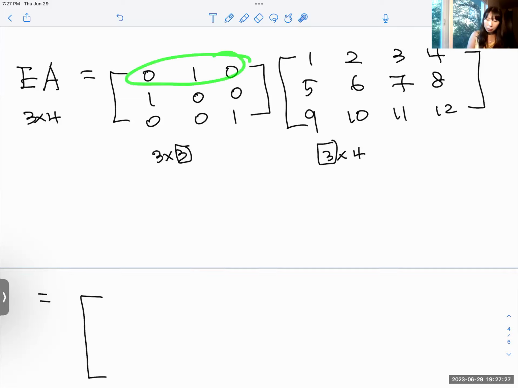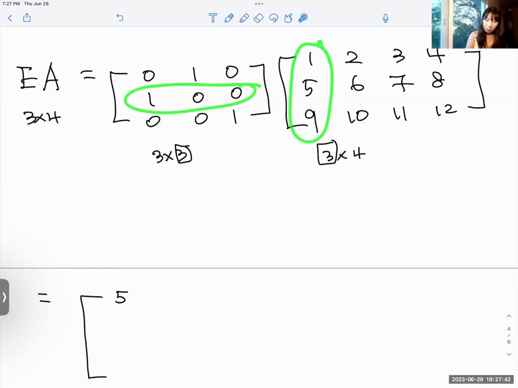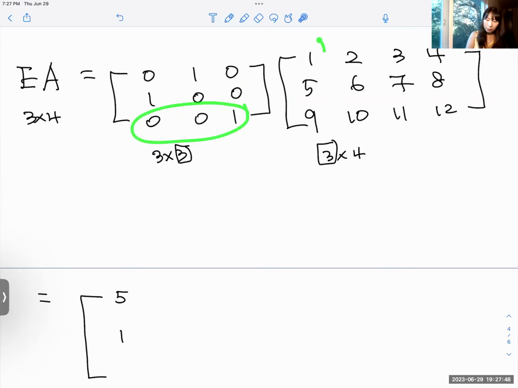So the first row with the first column, 5. Second row with the first column, only 1, right? And third row with the first column, only 9.